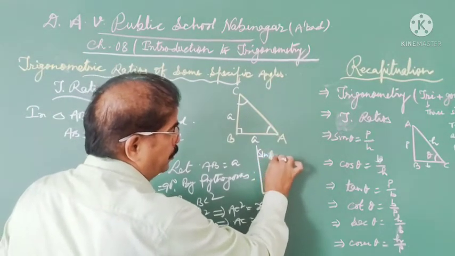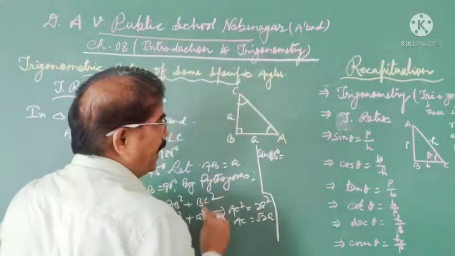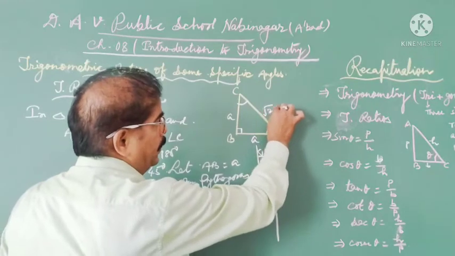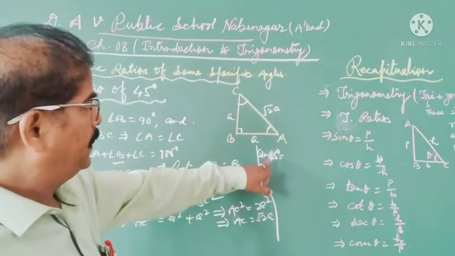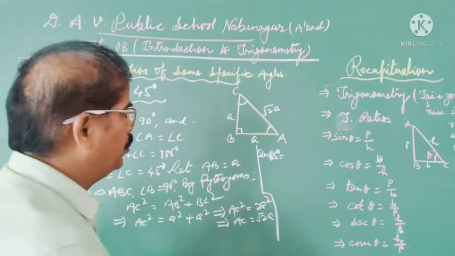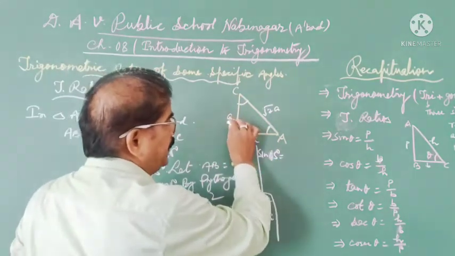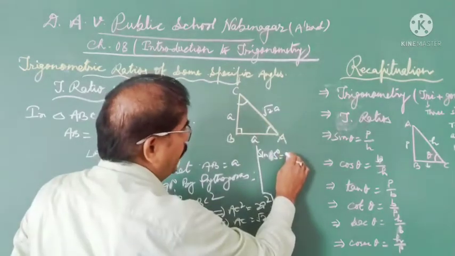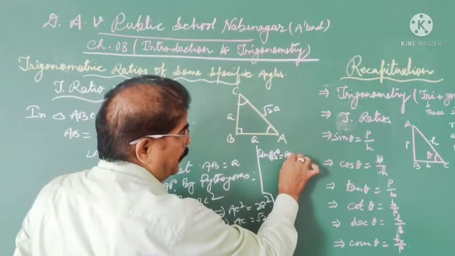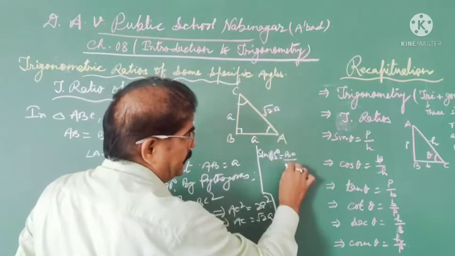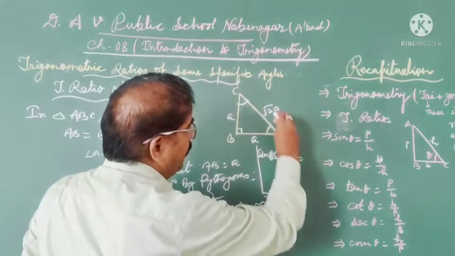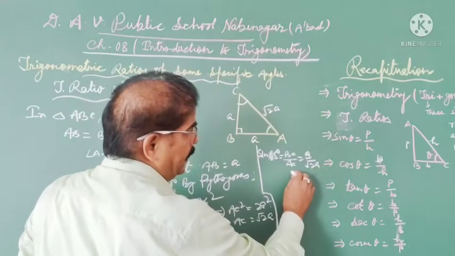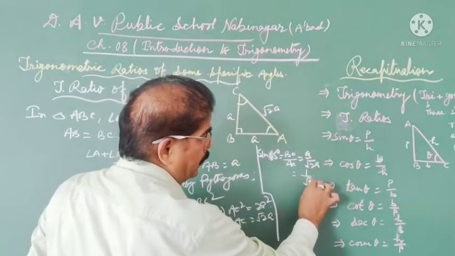So sin 45 is equal to P by H, that means BC by AC, that is a by root 2 a, is equal to 1 by root 2.